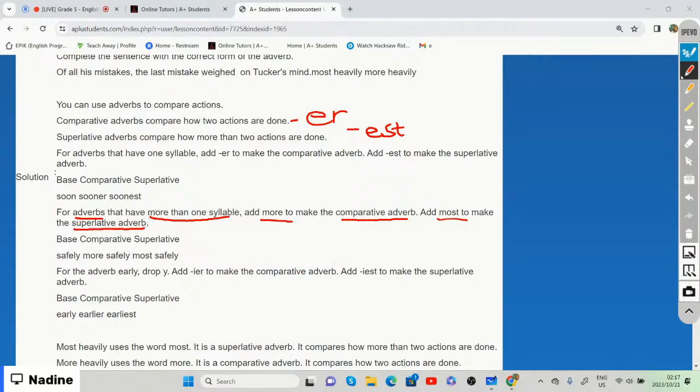It's like the example we made about more carefully and most carefully, because the word carefully has more than one syllable. So we say more carefully and most carefully when we compare how two actions are done, as well as how more than two actions are done.